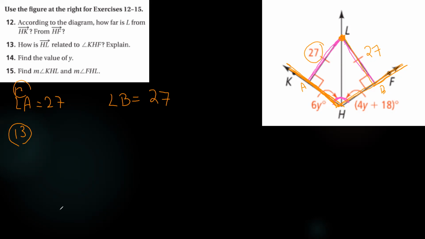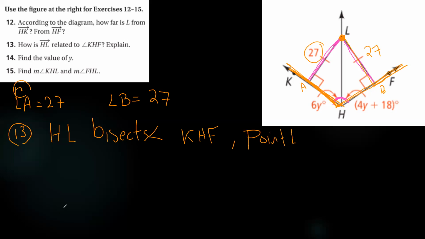So yes, HL bisects the angle KHF, and point L is equidistant from the sides of the angle.